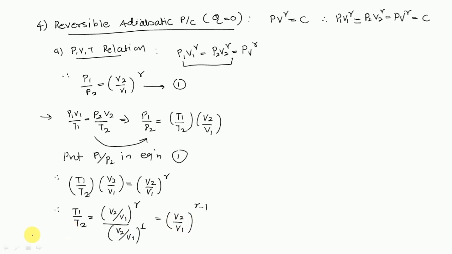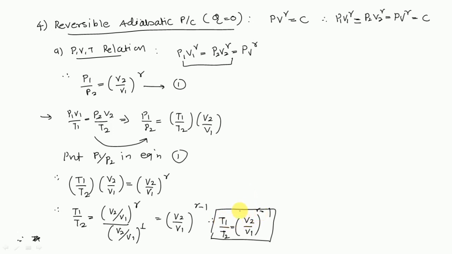This is the final relation between temperature and volume: T1 by T2 is equal to (V2 by V1) raised to gamma minus 1. This is a very important relation. Note this down. This is the relation between temperature and volume.